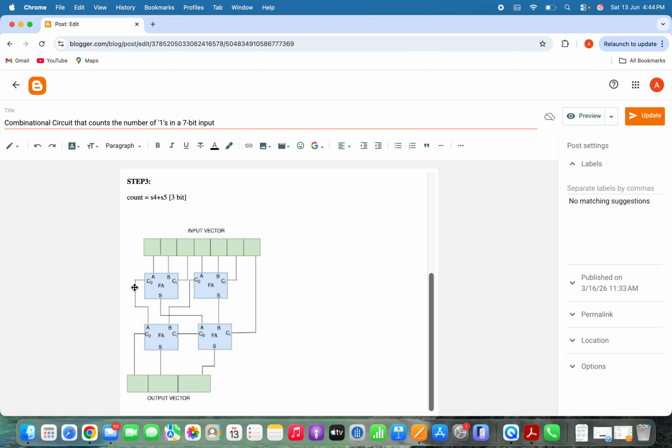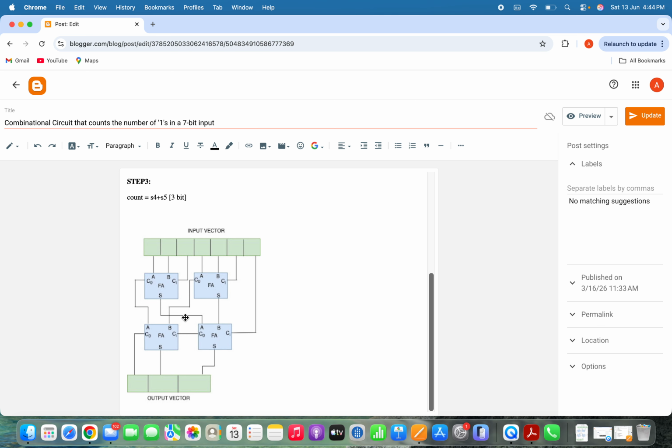In the first stage, the input bits are grouped and processed by 2 full adders. The first full adder adds x1, x2 and x3, producing sum and carry outputs. Similarly, the second full adder adds x4, x5 and x6 and also generates a sum and carry.